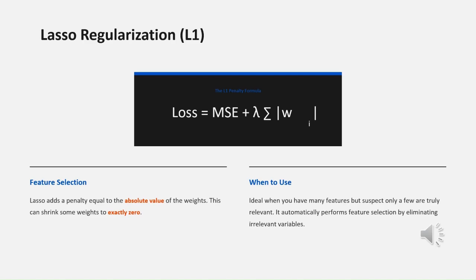Next, what types of regularization are there for our model? There are two types. One is lasso. Lasso adds a penalty to the absolute value of the weights, and it can shrink some of the weights exactly to zero.